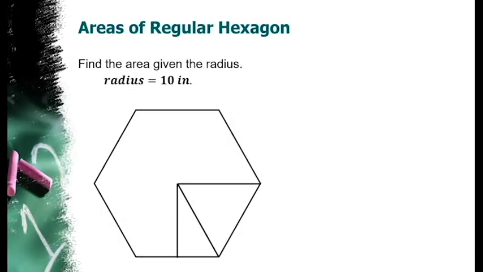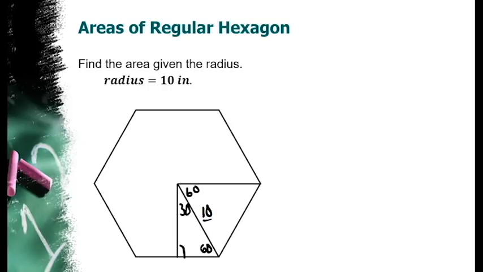So now let's take a look at finding the area of a regular hexagon that has a radius that's given to us. So if we have a radius that is 10 inches, we know that our central angle is 60. By the way, our central angles for every hexagon will always be 60 because you're always taking 360 divided by 6, which makes this angle up here formed by the apothem always a 30-degree angle, making this little triangle in here always a 30, 60, 90.